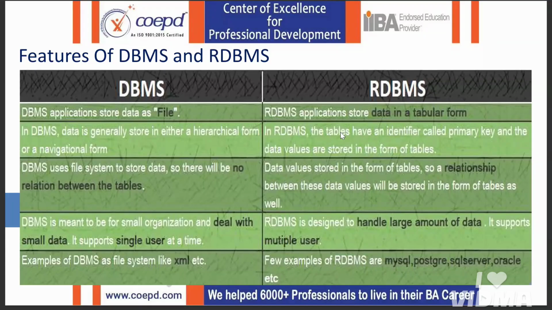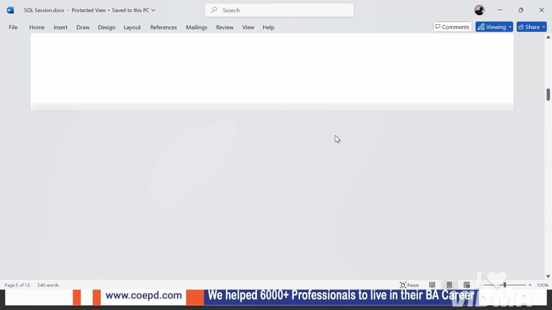So in DBMS it is difficult to retrieve specific data, whereas in RDBMS fast query performance and easy navigation and retrieval will be there, right? Overall, DBMS stores the data in files or navigation forms, for example hierarchical and network models, which you had seen already.